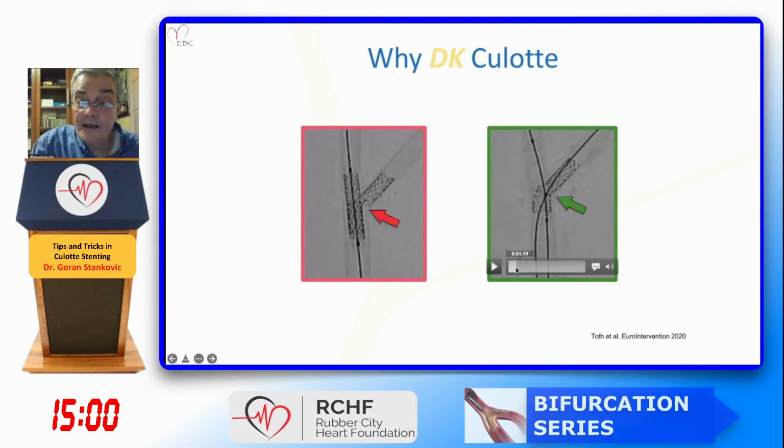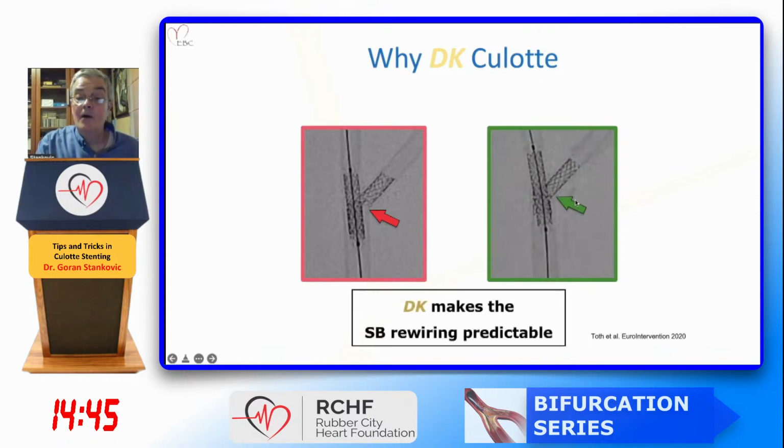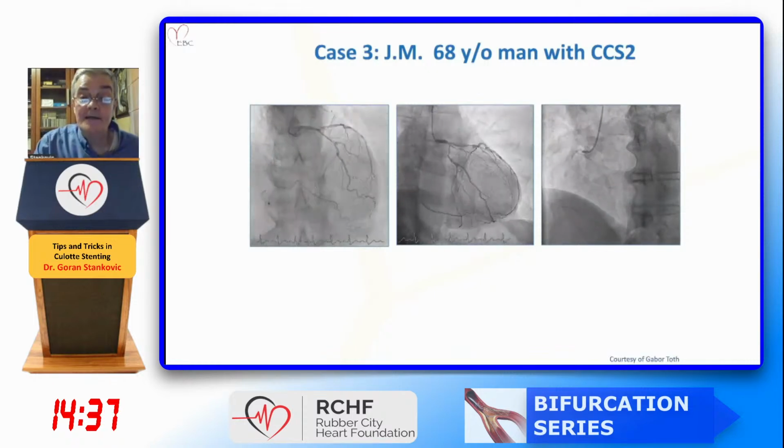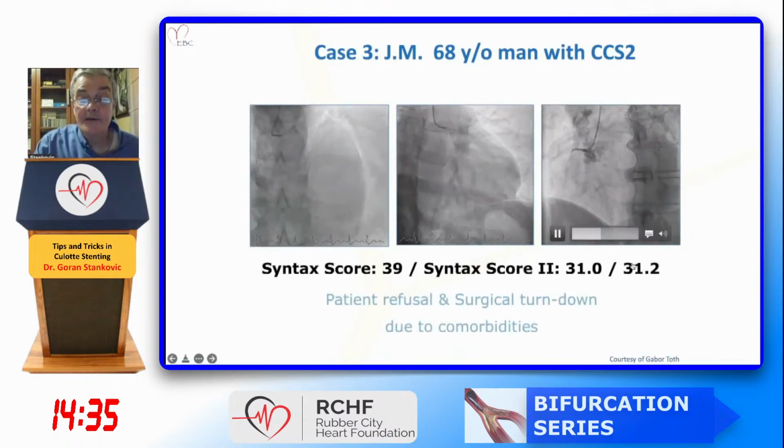So when you do kissing, with kissing balloons, you open access, but you also correct this deformation at the ostium. And then when you stent with the second stent, you don't have a problem of the coverage. So double kissing makes side branch rewiring more predictable. And I'll share with you his case that he used for illustration.